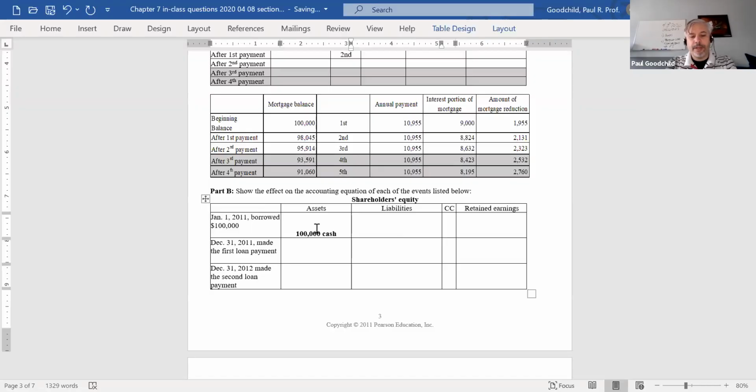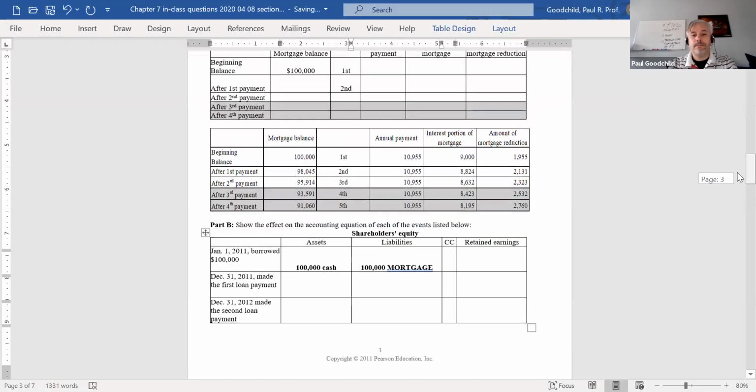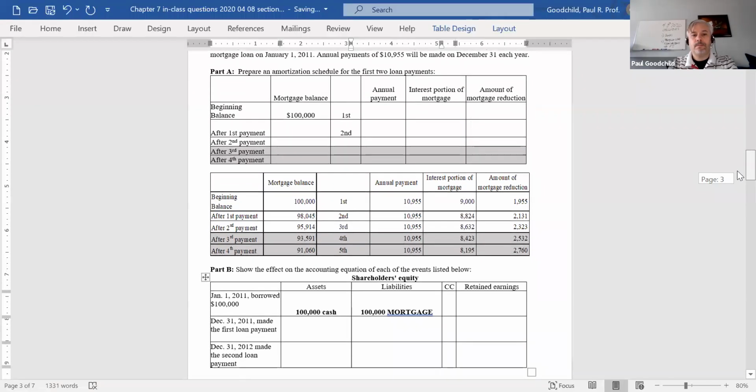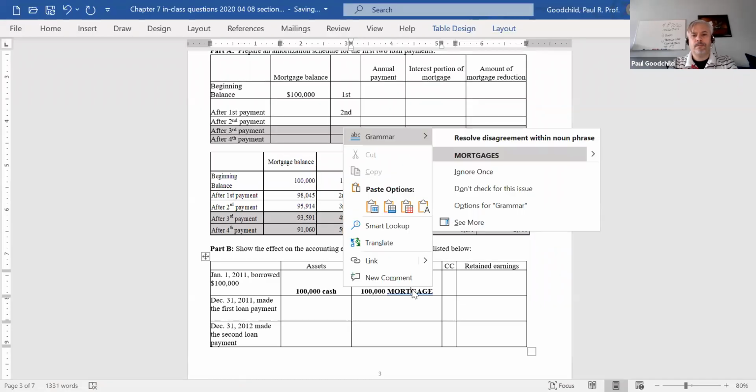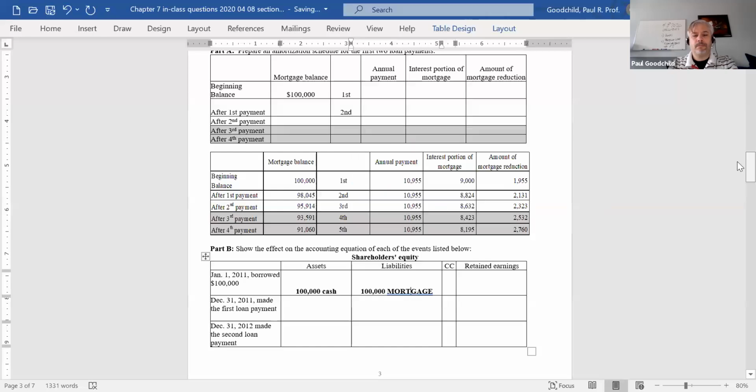But we also have a $100,000 liability, and I think they said this was a mortgage.